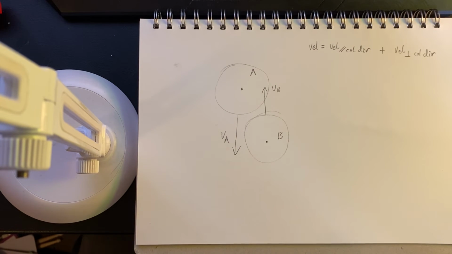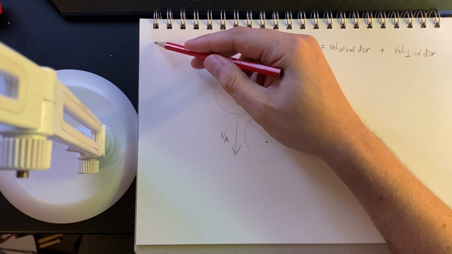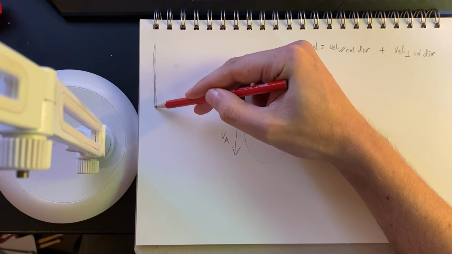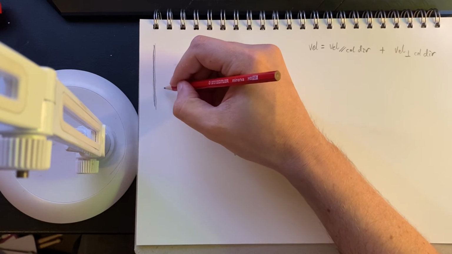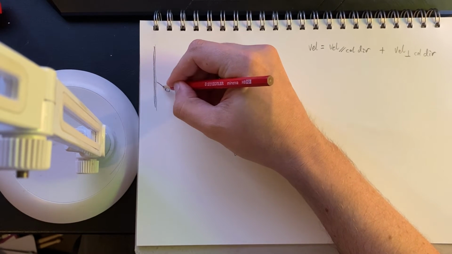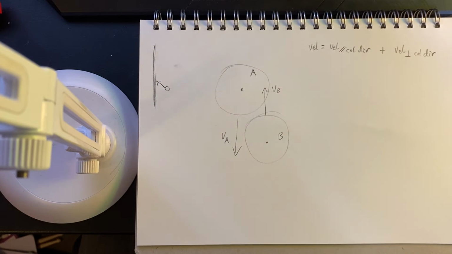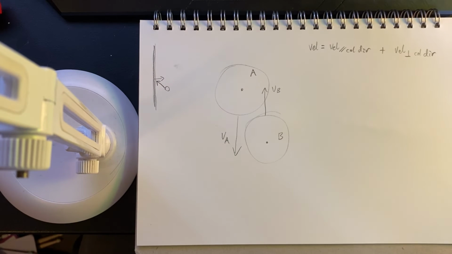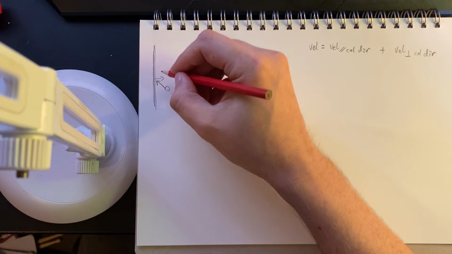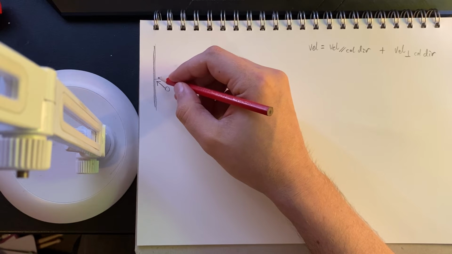Now, one of the simplest sorts of collisions is when we have just a straight wall, aligned along an axis, and then we have a ball that comes along. The collision direction is the normal of the wall that we hit, and we reverse our velocity along that direction.